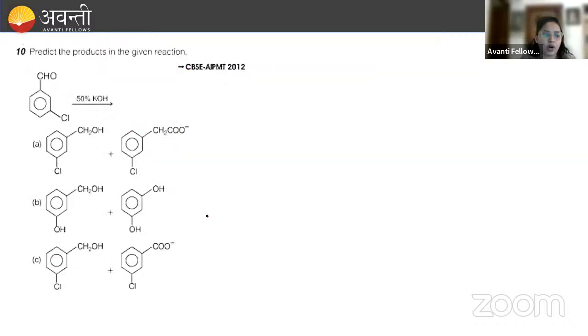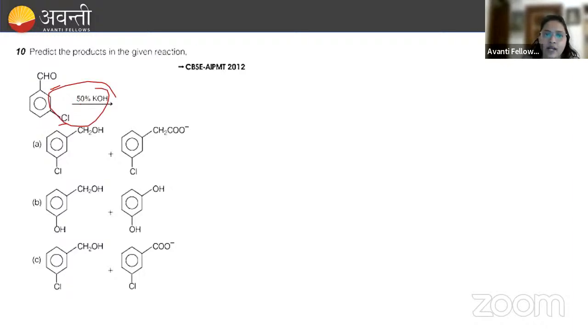Next question, predict the product in the given reaction. So now this reaction, yeah, aldehyde is there, chlorine is just a substituent, don't focus on that. 50% KOH.